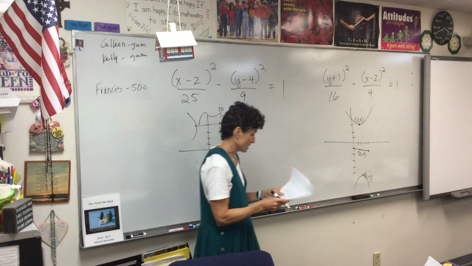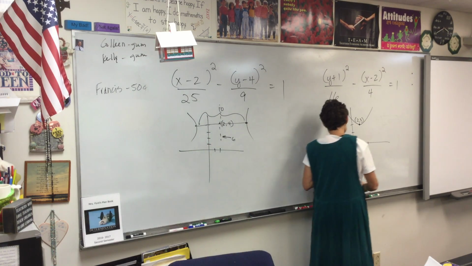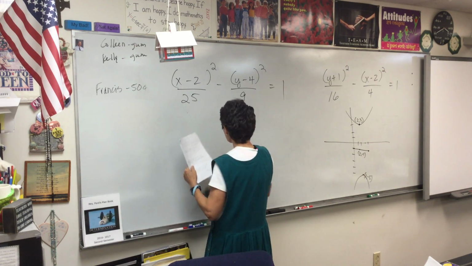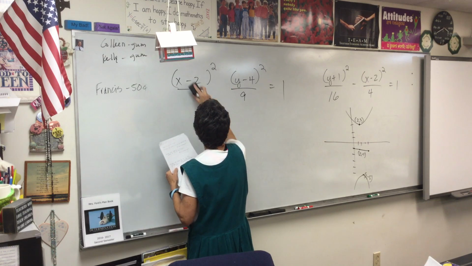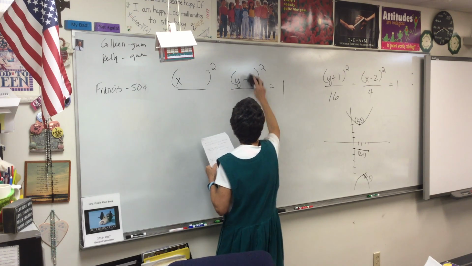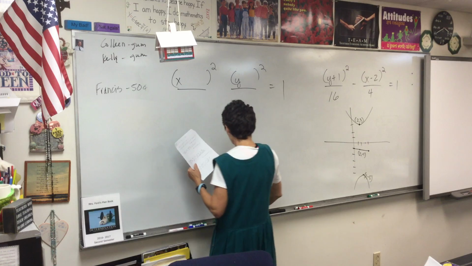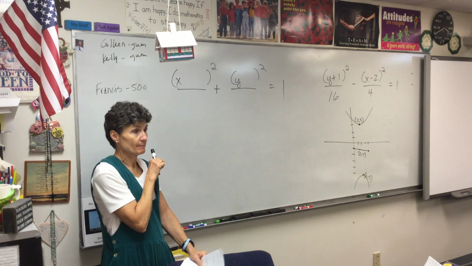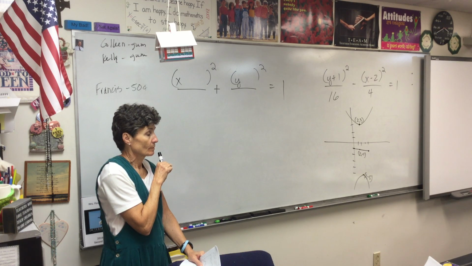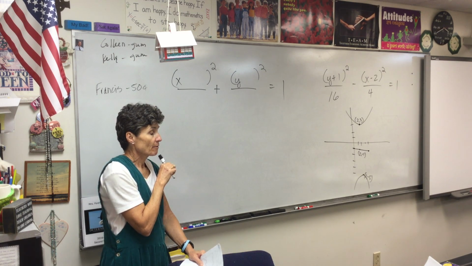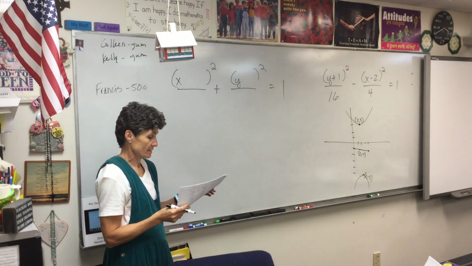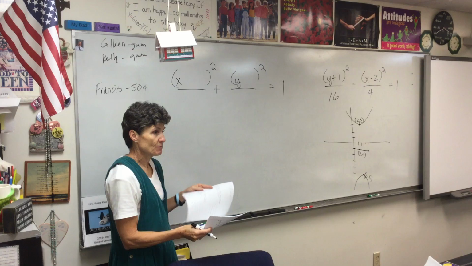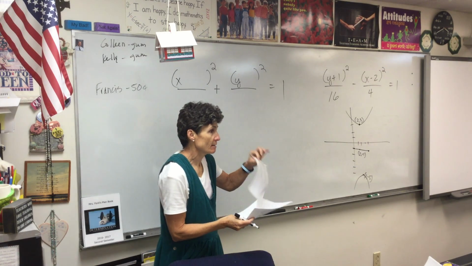1C. 1C says write the equation of an ellipse with a center. Okay, now this is an ellipse. So my format for an ellipse is that. Now remember Mrs. Ford gave you a hint. If you look at the other pages of the test, I give you equations of an ellipse, right?